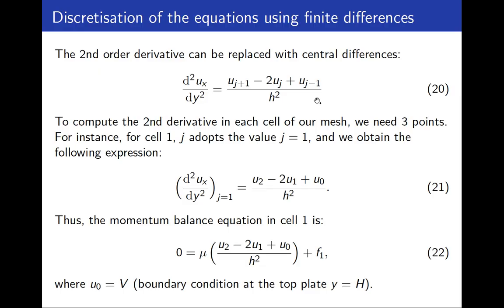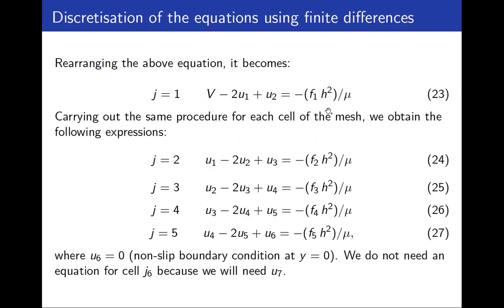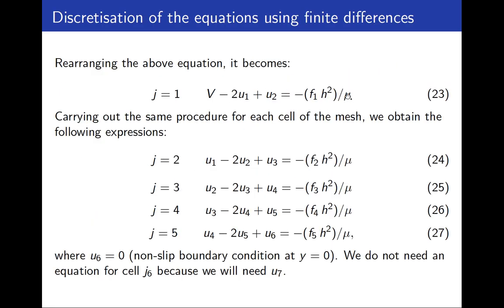Remember, f is equal to the source term. The pressure gradient is constant, and f is equal to 0 for simple shear flow. h is constant because it is the distance between the cells, and mu is the viscosity. So all the terms on the right hand side are constants.